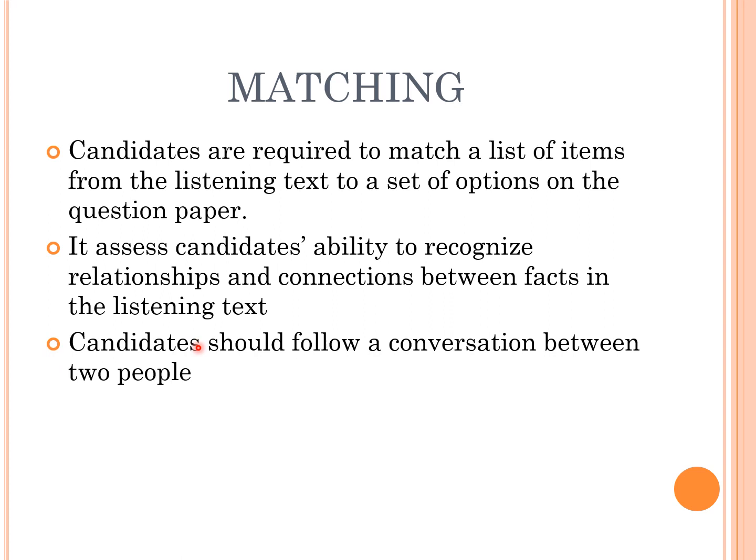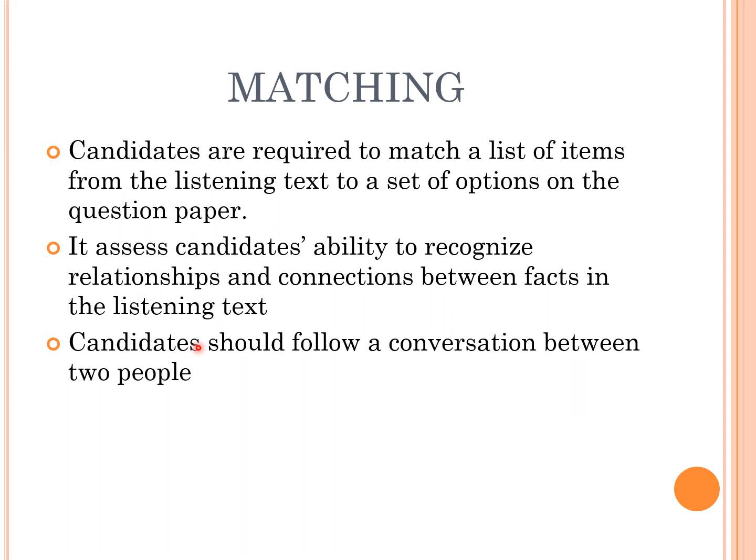Candidates should follow a conversation between two people. This type of matching question usually assesses the ability of a candidate to listen for details. It assesses whether a candidate can understand information given in a conversation on an everyday topic, such as different types of hotel or guest house accommodation.